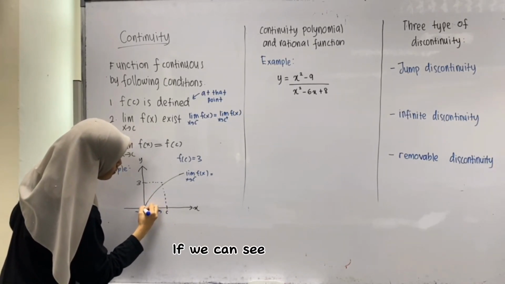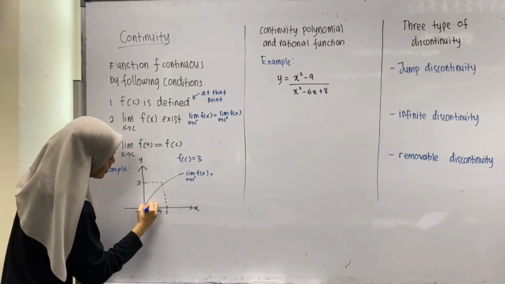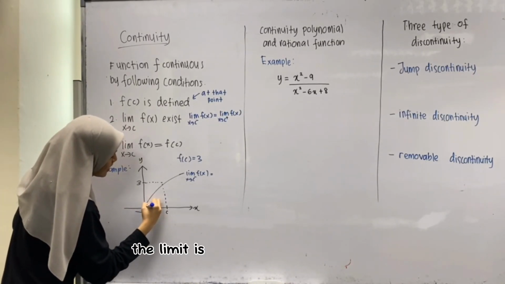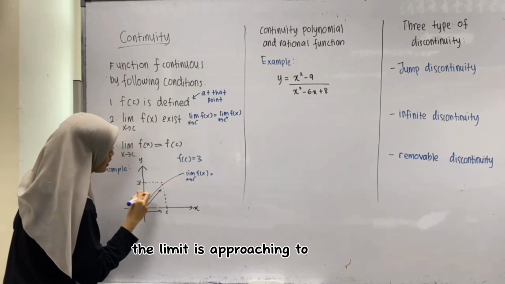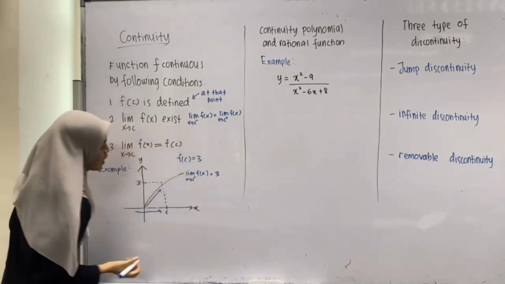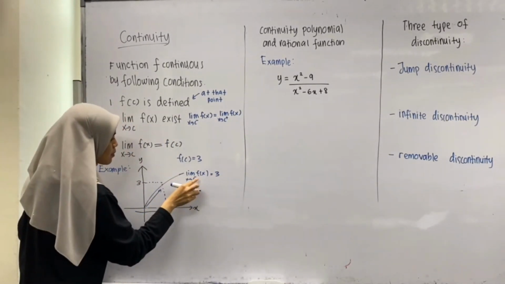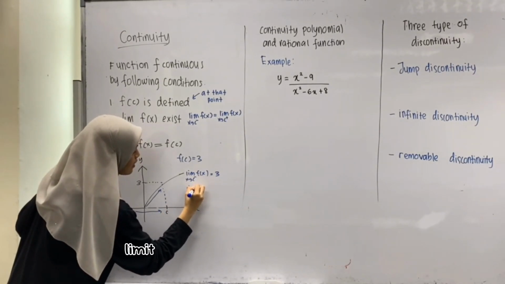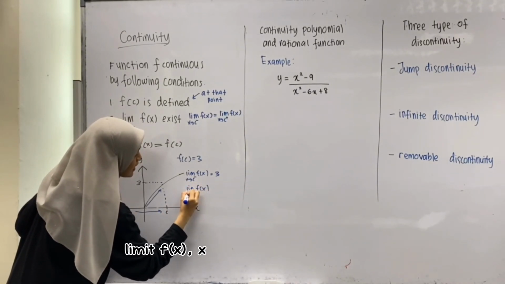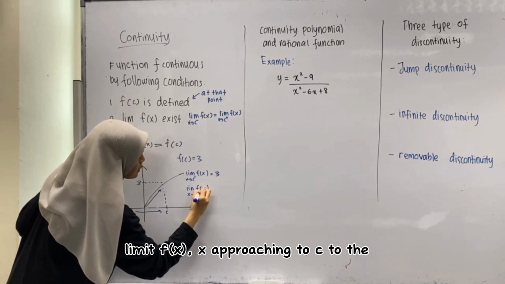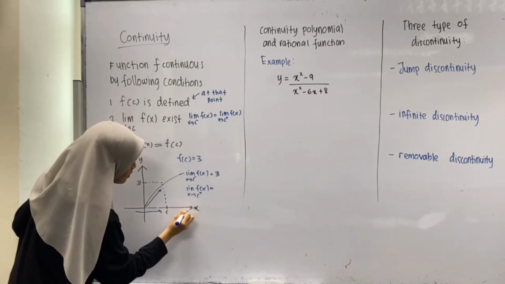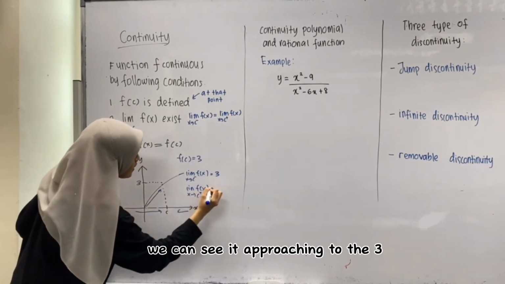If we look at the graph, the limit is approaching 3. The limit as x approaches c from the right, you can see it approaching 3.